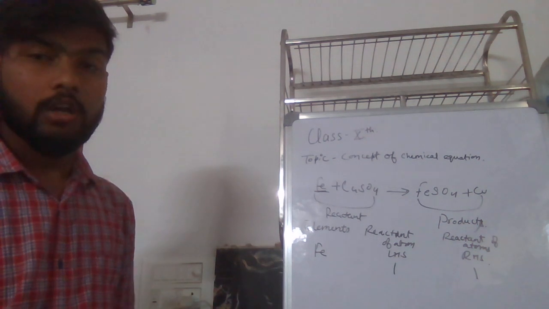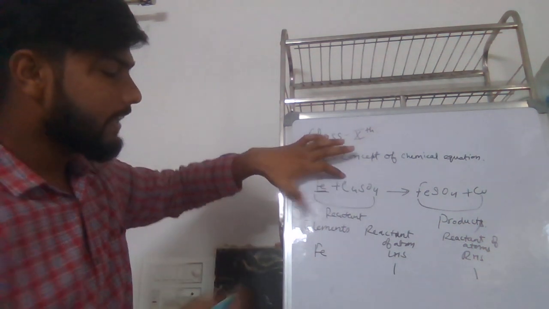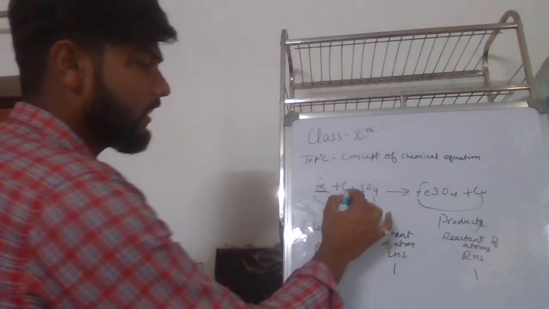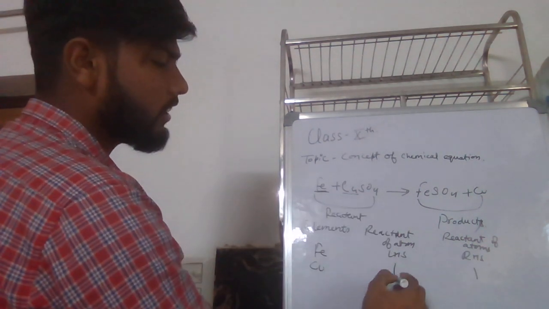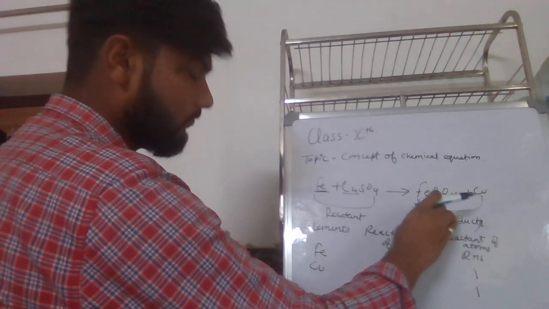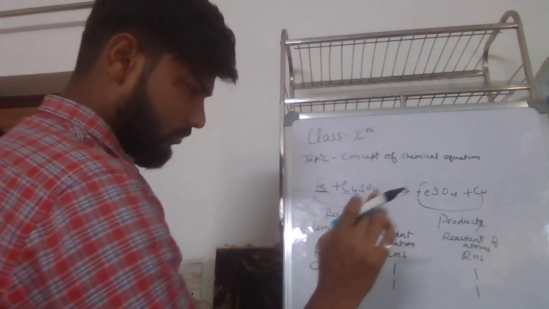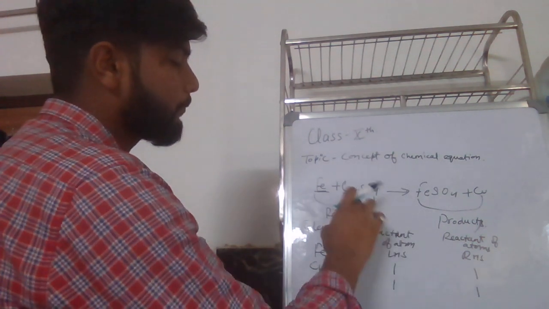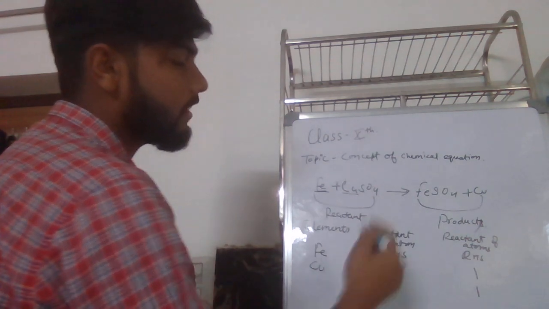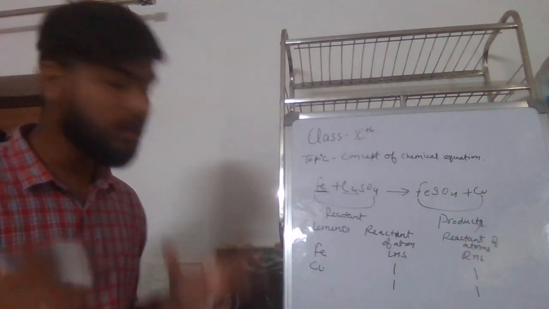After that I will take the Cu element. In Cu we can see there is only one atom, and on the right hand side also the number of atoms is 1.